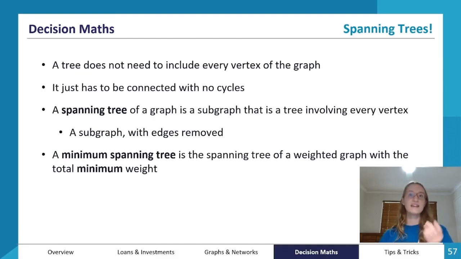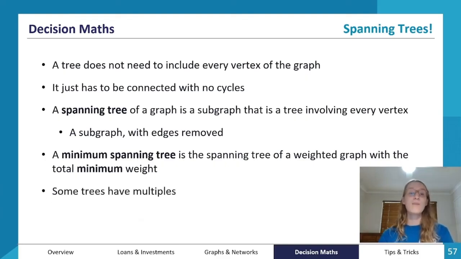So we want to connect every vertex in with the absolute minimal number of edges, with no loops, no cycles, no multiple edges, so that we can get the total minimum weight, so that we can have the most effective project, road, plumbing project, whatever it is our graph is representing.